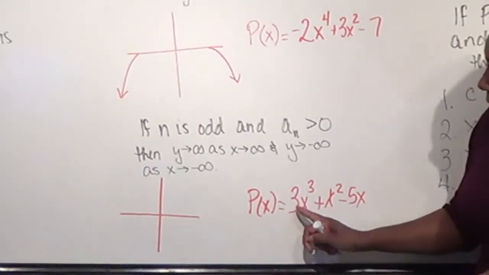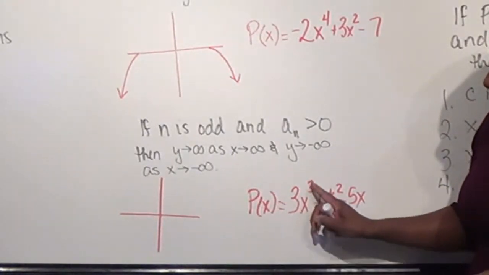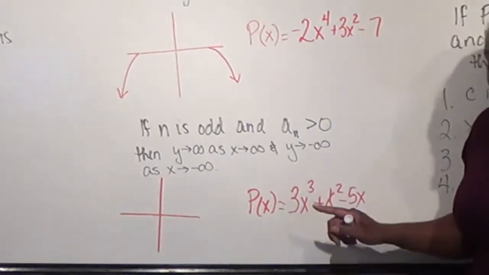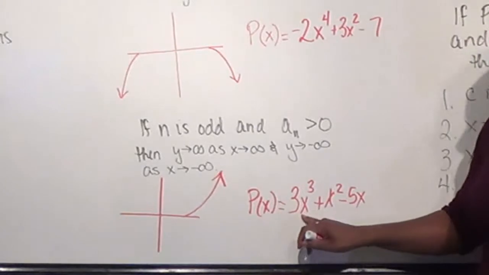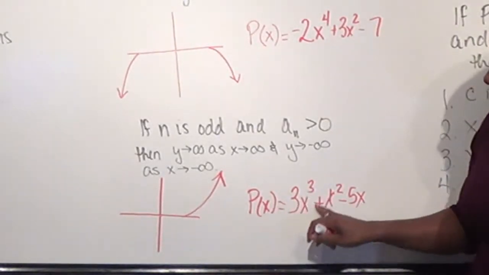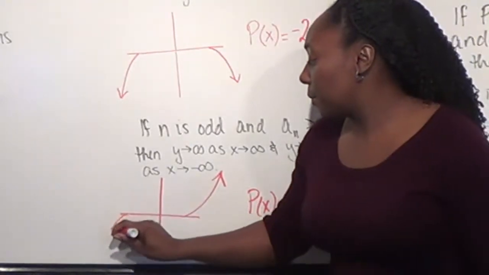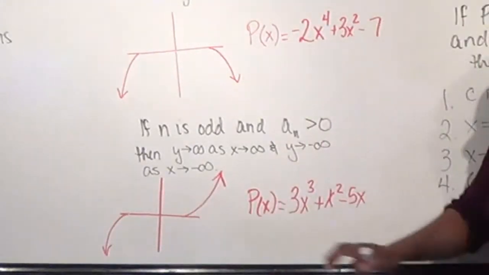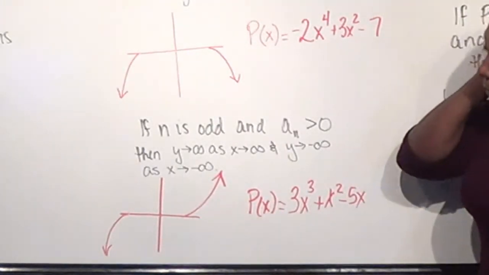Okay? So the odd degree tells me as x gets big, the values here are going to get big. And if x is negative, and they get more and more negative, then the values there are going to get more and more negative.